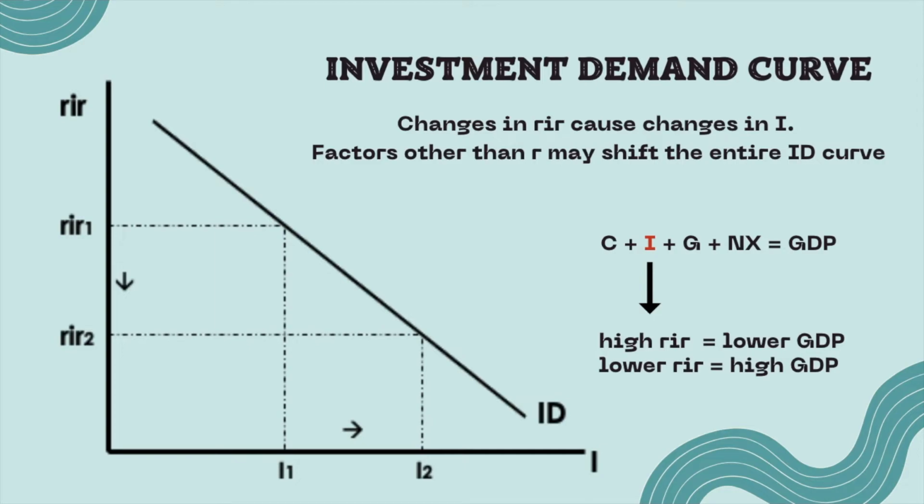The vertical axis is going to be the real interest rate, which I tend to abbreviate as RIR here. And the horizontal axis is going to be investment spending, which I will indicate with a capital I.